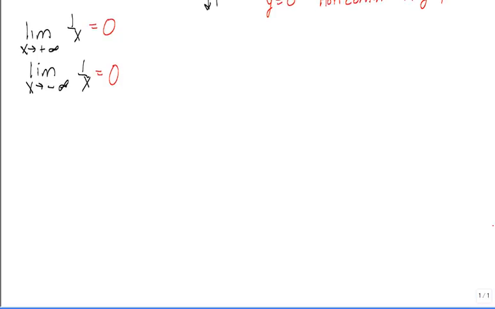Another way to think about that is you're doing 1 over a very large number. So 1 over a very large number, in this case it's approaching infinity, goes to a very small number. They're reciprocals.